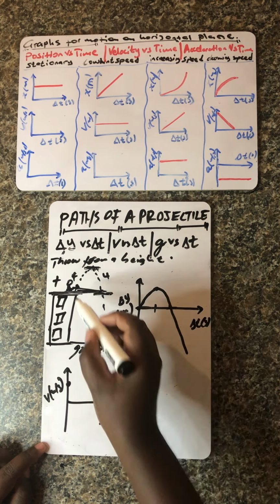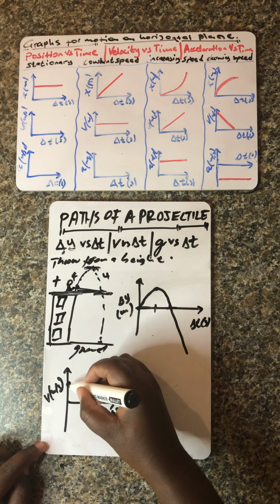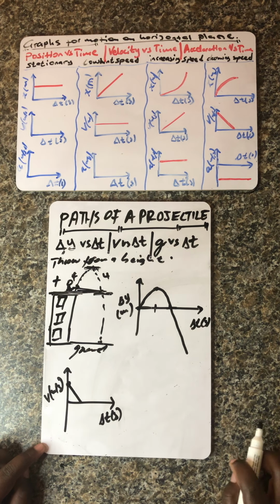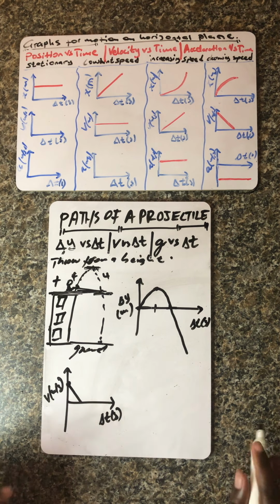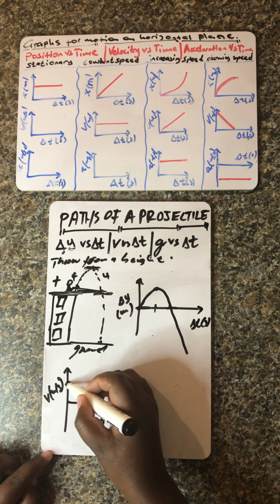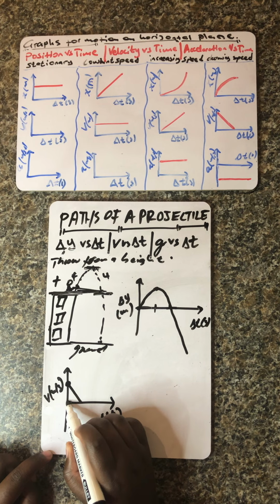It's been thrown vertically upwards, and as it goes up, its velocity decreases, ladies and gentlemen. You need to be very, very careful of this one. It starts at a certain speed. That's why that dot is there and not there, because there it's 0.